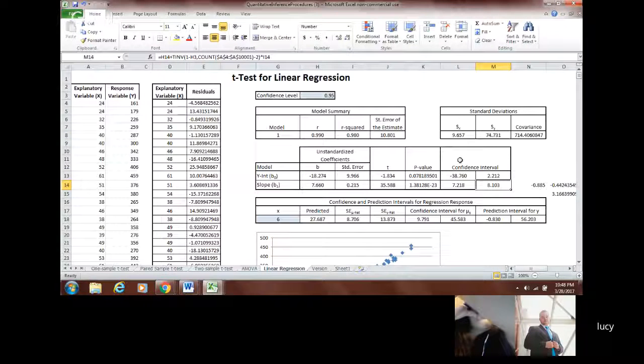So are you using the beta 1 confidence interval? Yeah, so for that I got 6.170 and 6.446. I don't have that one. I have 7.2.